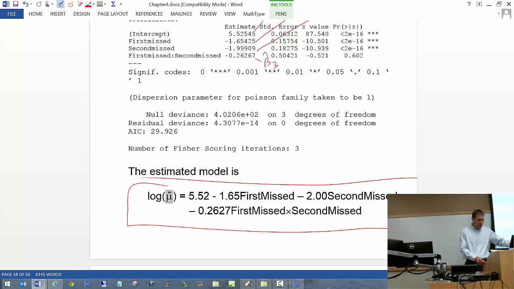So this is what the estimated model actually looks like under dependence. Take a look at the residual deviance. It's approximately 0. Why? Yeah, I have estimated the saturated model here. Notice the degrees of freedom, 0.